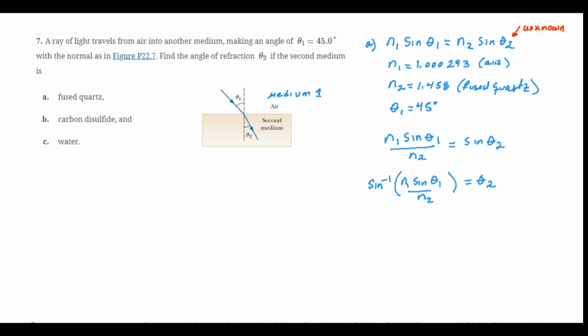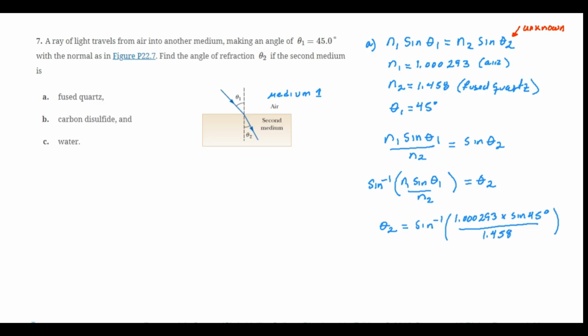We can now substitute, and we can say that theta 2 is equal to the inverse sine of n1, the index of refraction of medium 1, that is 1.000293, times the sine of 45 degrees, the angle 1, divided by the index of refraction of the second medium, that is 1.458.